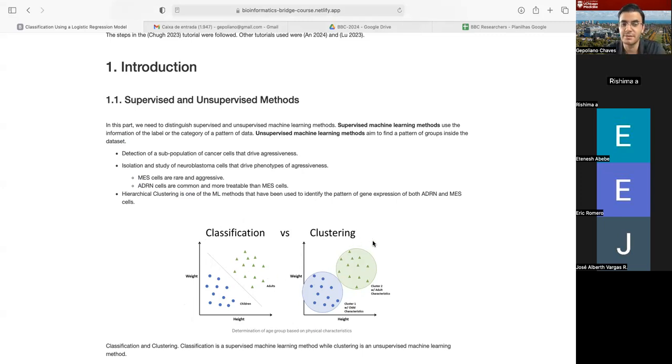But in the clustering, because it's unsupervised, right? It's an unsupervised method. We use metrics to differentiate clusters 1 and 2. So which sort of metric could you use to differentiate clusters 1 or 2? We could use, for instance, a metric of proximity, right?